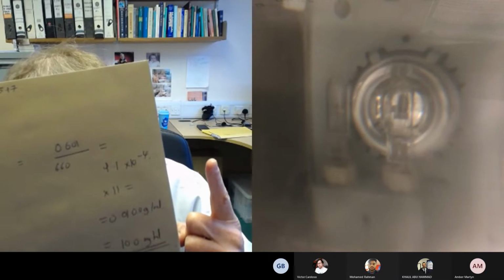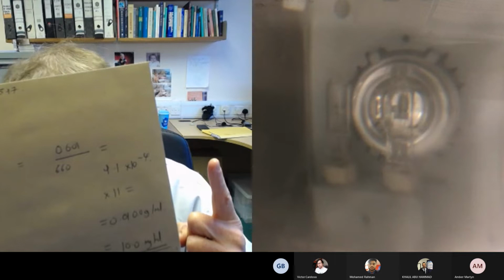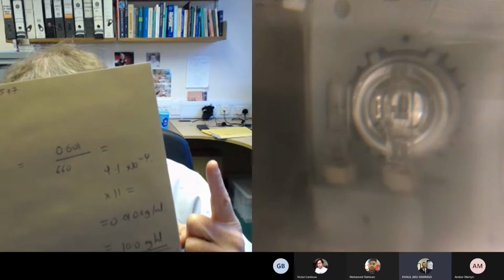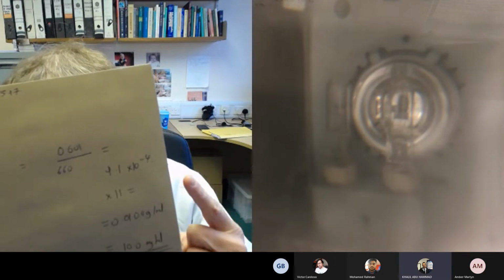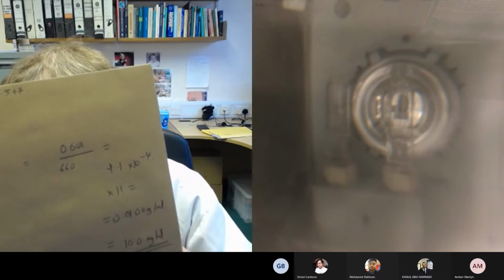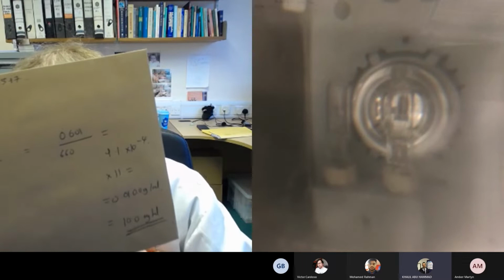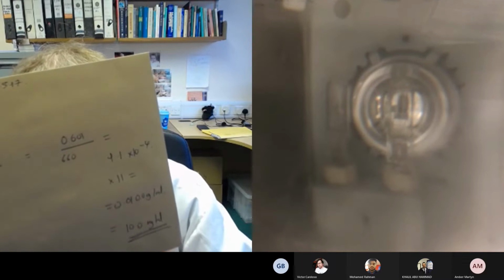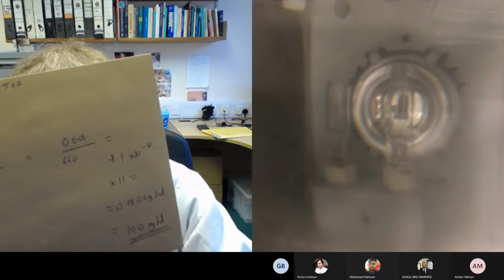Sorry, 1,000. Yeah, 1 gram is 1,000 milligrams. So we must multiply 0.010 by 1,000. And what do we get?